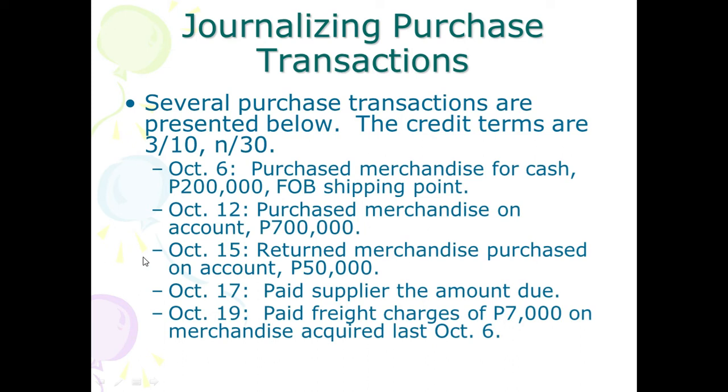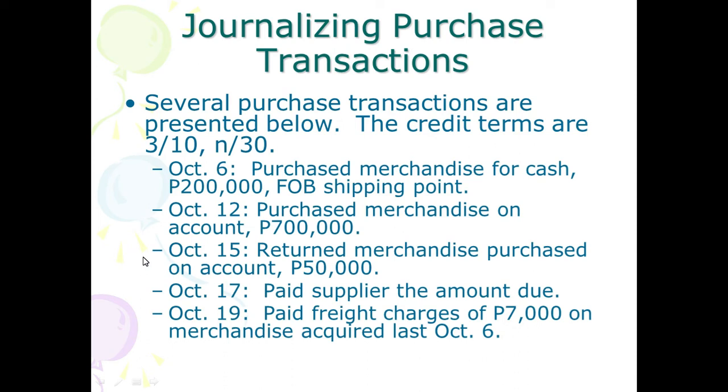For October 6, purchased merchandise for cash, 200,000, FOB shipping point. Please write the entry. And then on October 12, purchased merchandise on account, 700,000. Again, write the entry please.